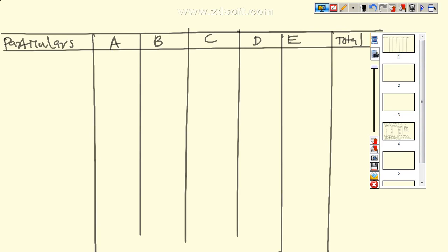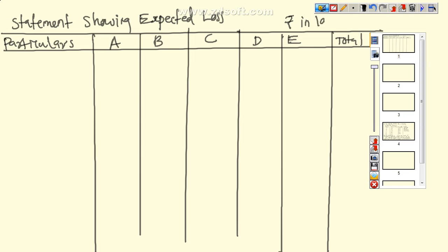So we write it here: Statement showing expected loss, and these values are given in lakhs, so we write rupees in lakhs.